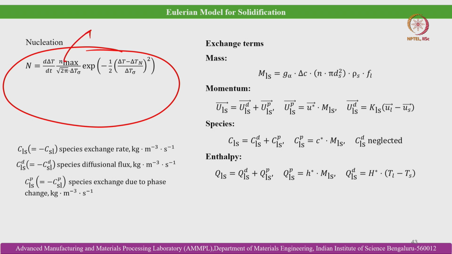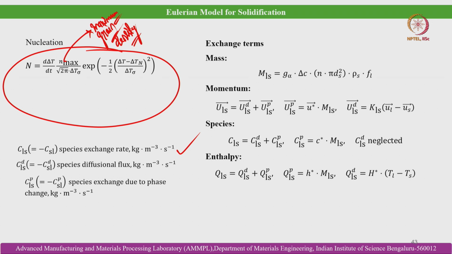It is an undercooling based model which is implemented here to understand the solid formation mechanism during the solidification of the composite. So, n max divided by root pi delta T sigma, exponential minus half, delta T minus delta T n by delta T sigma, whole square. Here, C L S is equal to minus C S L, the species exchange rate, kg per meter cube per second, and similarly which can be subdivided as C L S drag.